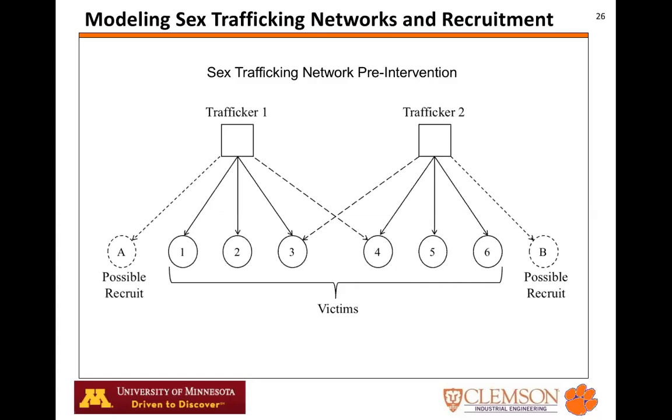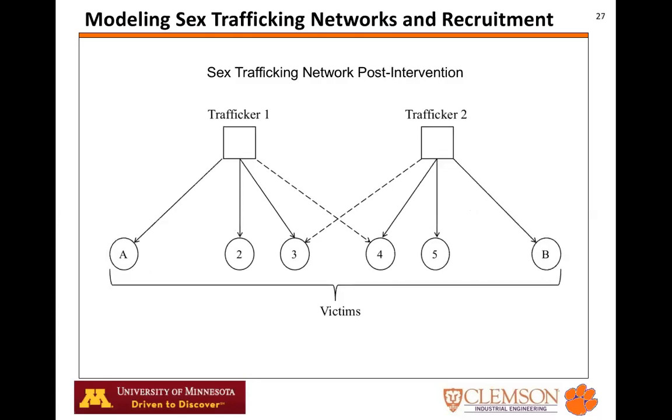In reality, there are a number of different options that can occur if the sex trafficking network is disrupted or intervened in some way. We talked a little about the different ways recruitment can occur. There's always a pool of people that a trafficker can turn to and recruit if necessary. When we do an interdiction and change the network, the traffickers are going to react to that interdiction.